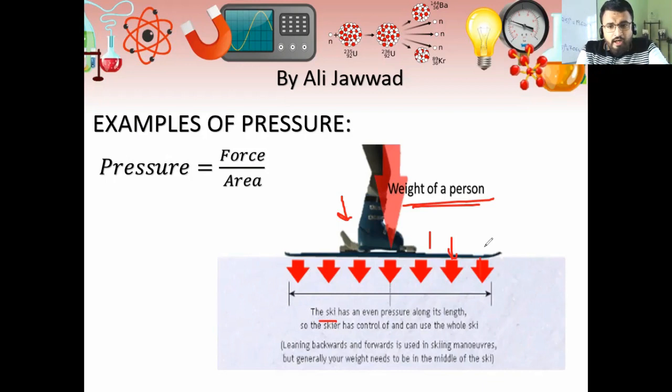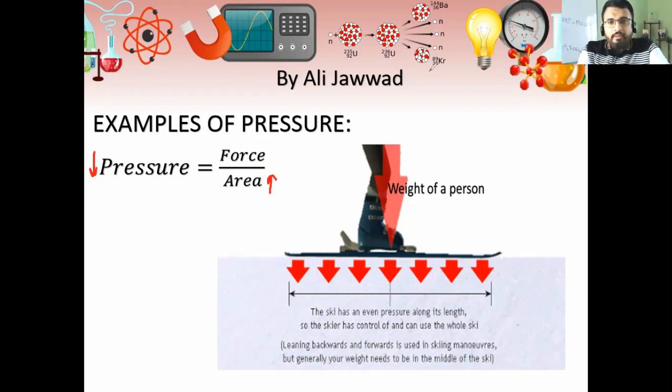So each part of the ski receives a lesser amount of force compared to the weight of the person. So the ski actually increases the area of the person instead of just the feet. The larger area is there to support him. And when the area becomes large enough, the pressure decreases according to the inverse proportion relationship, and the person does not sink deep down into the snow.